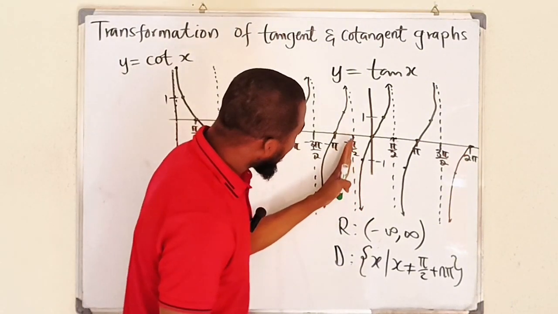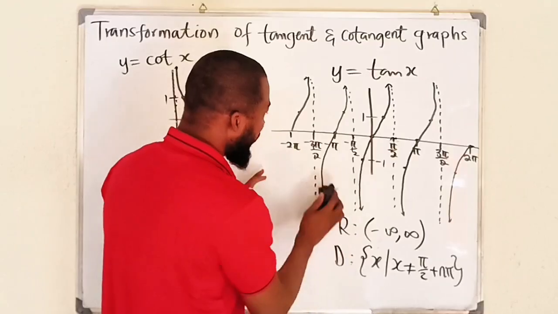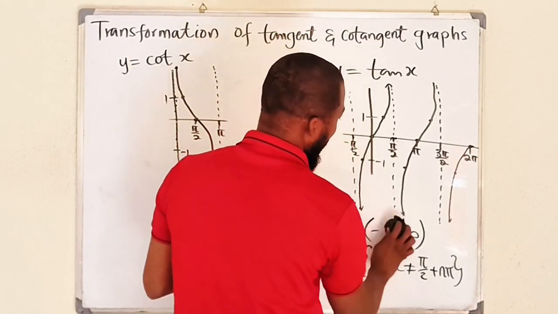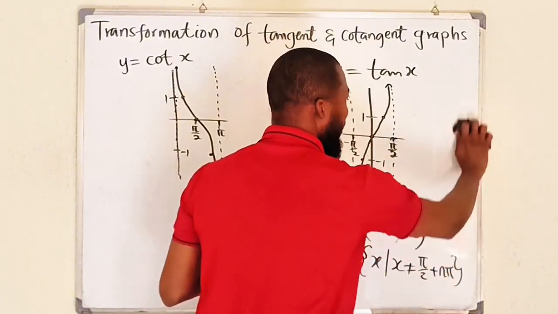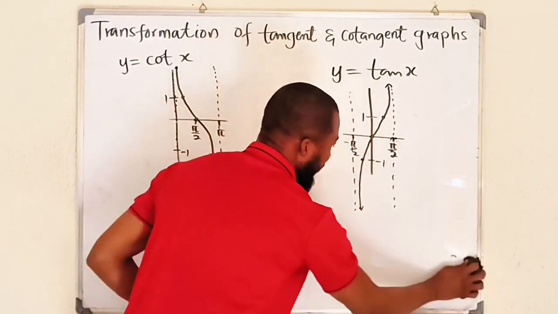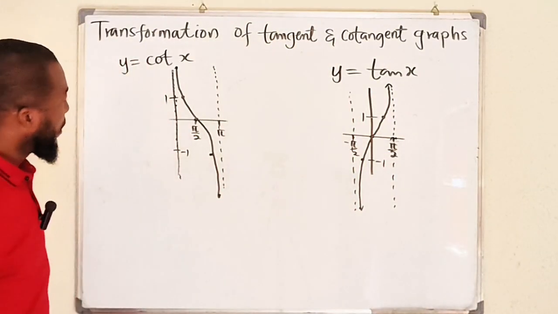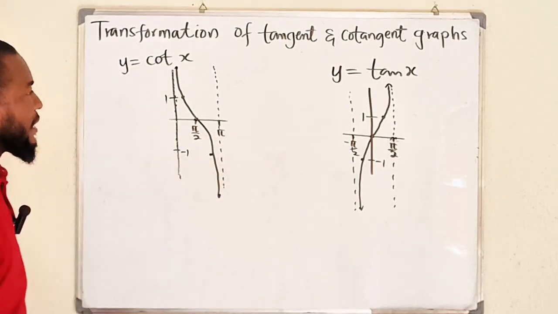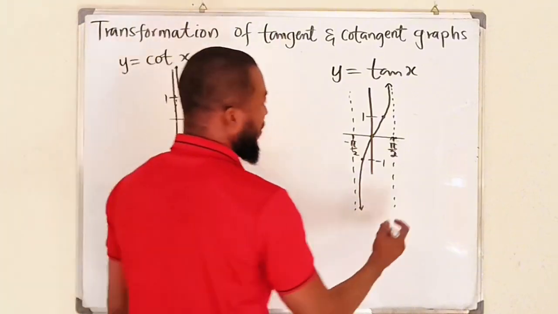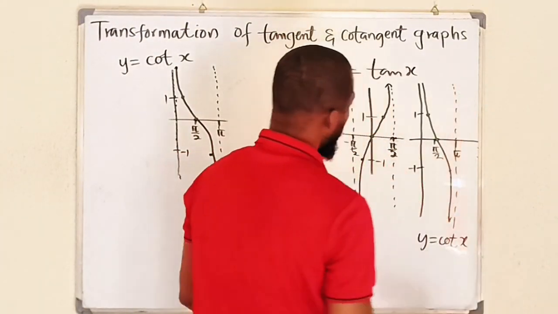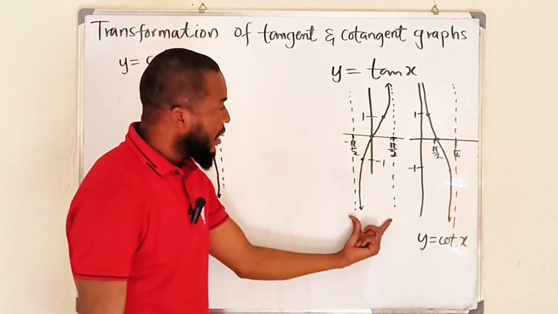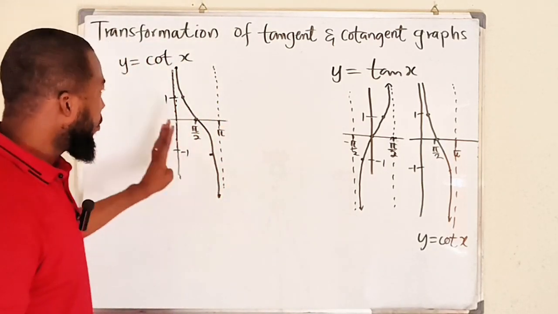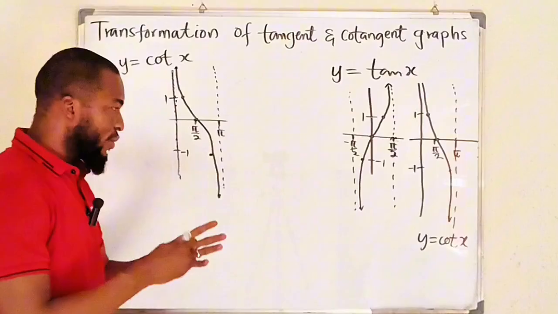But for this one, half of the graph is to the left and the other half is to the right. I'm going to be using one period. The rest are just repetition of what you have. So you can see we have our two graphs here. This is for tangent of x and this is for cotangent of x. Let me use this side for all the transformations.